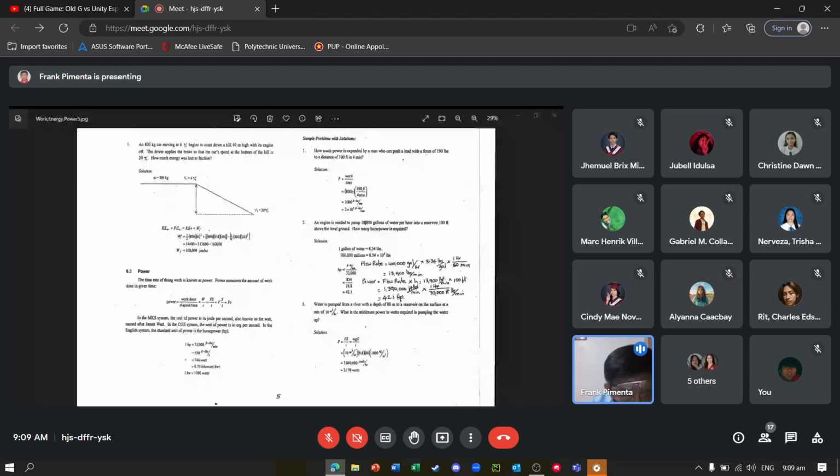In the English or British system of units, what are the units used there? Foot or feet, mile, yard. Those are under the English system of units. So the unit of power must be horsepower, HP.